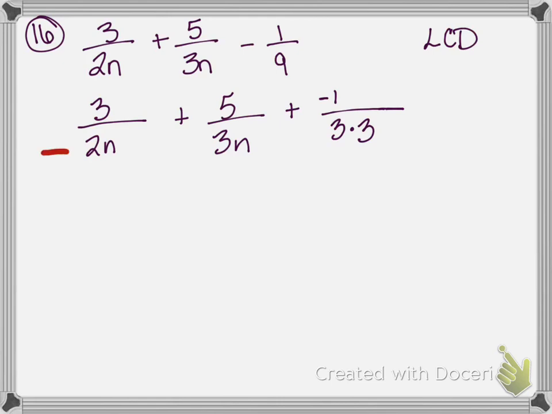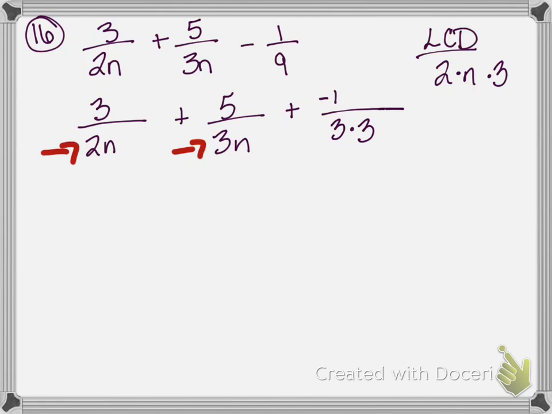So then I start with this 2n. So my LCD is going to have a 2 and it's going to have an n. Okay? Then I look at this one. And what's missing? The 3. I've got the n, but I don't have a 3. So I've got to put a 3 in there.